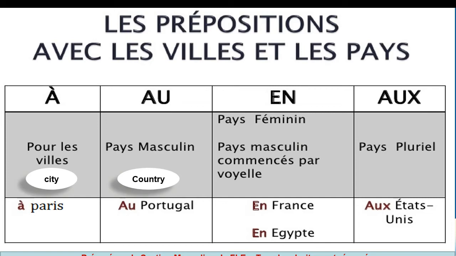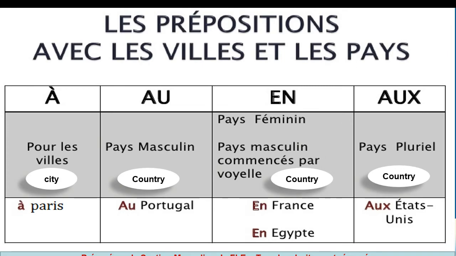En for the country is la, with a country or subject that is feminine, ending by e, like France, biology. So I use la, so I also use en. La means that, but en means in. Aux is like les, L-E-S. So I use aux États-Unis, for example.